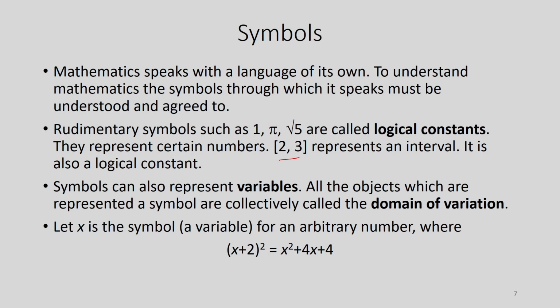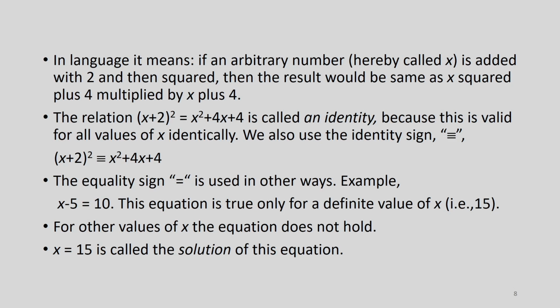It is equal to, on the right hand side, x squared plus 4x plus 4. So, in terms of symbols I have written this, but if I want to say the same thing in ordinary English, what does it mean? If an arbitrary number, hereby called x, is added to 2 and then squared, then the result would be the same as x squared plus 4 multiplied by x plus 4.